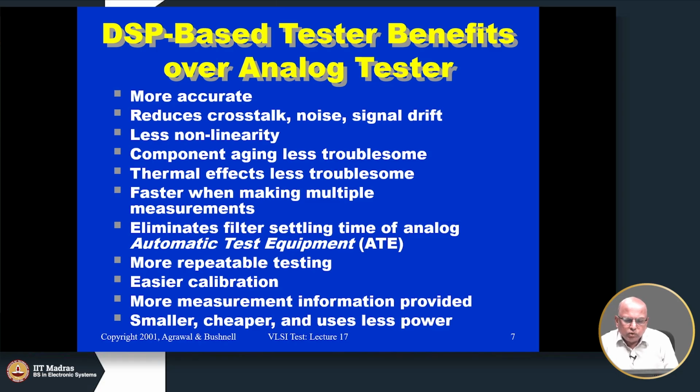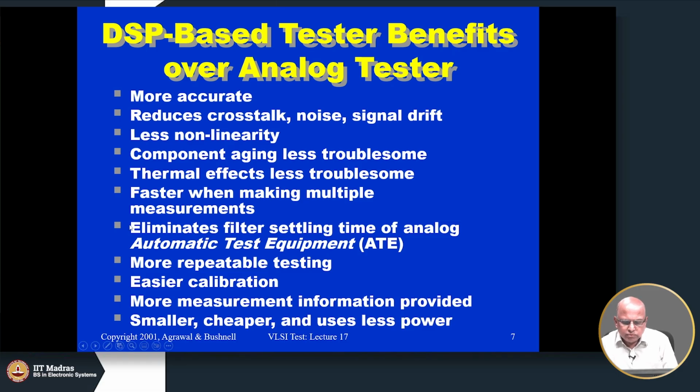So, we may take the output of the analog circuit and use a DSP to measure things like the nonlinearity and things like that. Okay. So, increasingly we use digital signal processing such as Fourier transform, wavelet transform, etc., in order to make measurements.